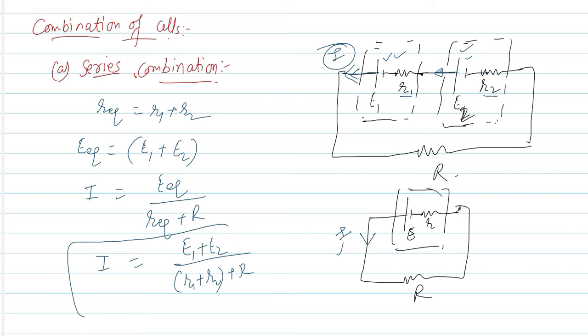Right, students? Now we can formulate the same expression for a new combination in which n number of identical cells are connected. So let us consider one more case in which n number of identical cells are connected up to n cells.